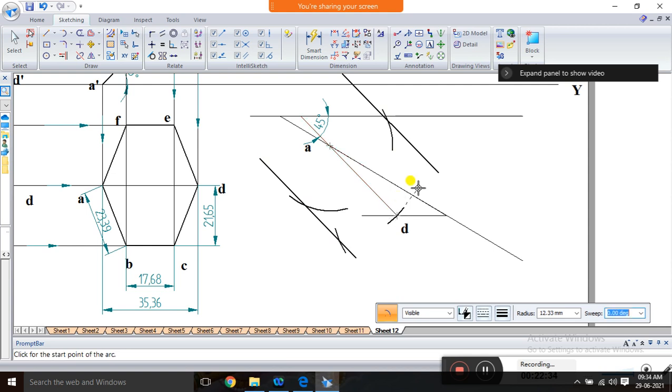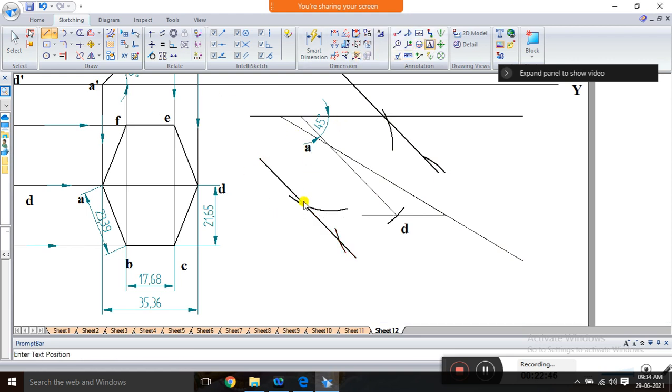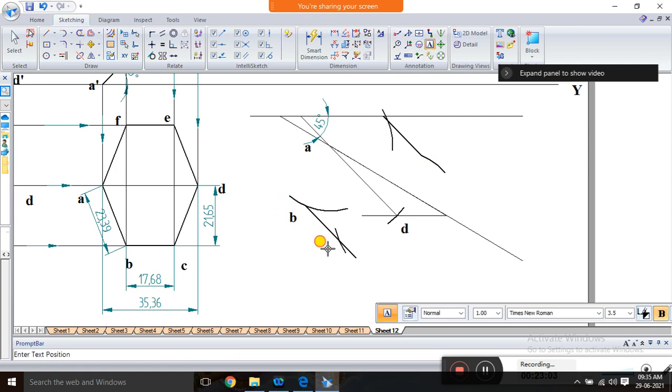Similarly, with the help of the compass you have to cut the arc. Then we get the intersection point. You can call this point B. We just remove this. This is C, D, E, F. Okay.